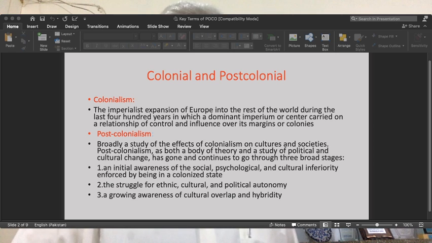It is broadly a study of the effects of colonialism. So from here the definition becomes clearer: post-colonialism is after colonialism, though colonialism is going on even today in different forms and shapes.